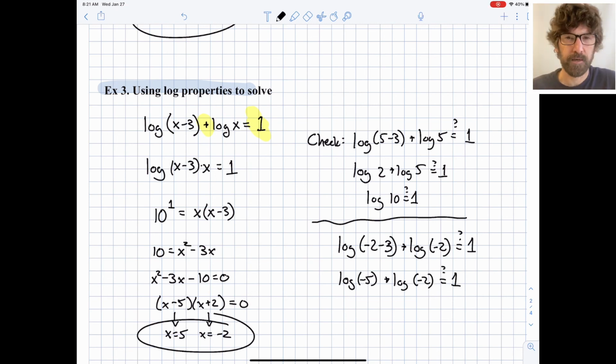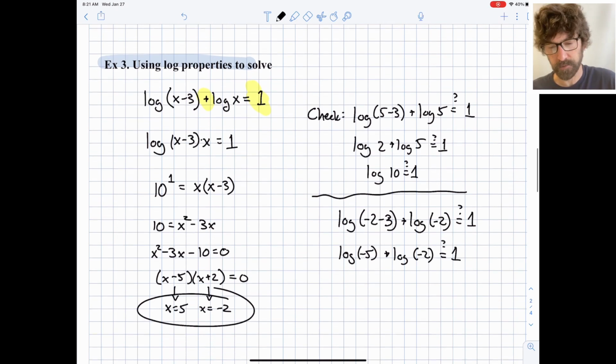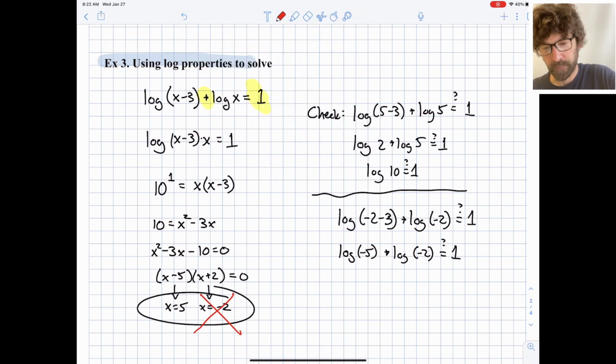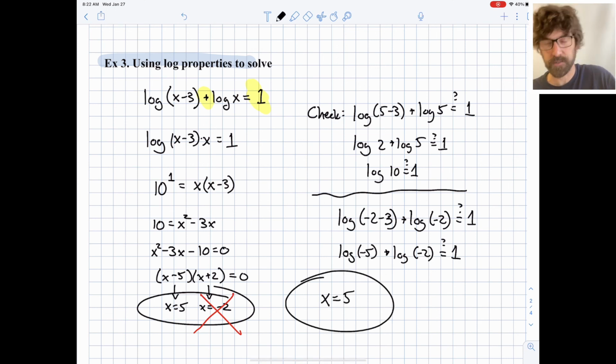Neither of those logs are allowed. Neither of those logs give us a real answer. So that is actually not a solution. Okay, so we can eliminate the solution of negative 2 and realize that our final answer is just going to be x is equal to 5. That's the only solution that works.